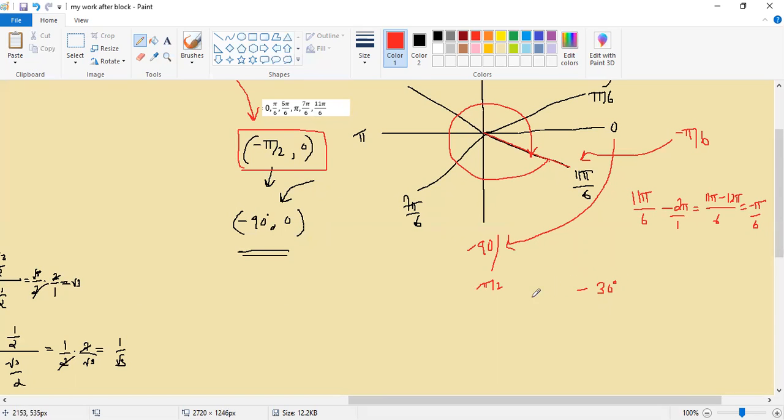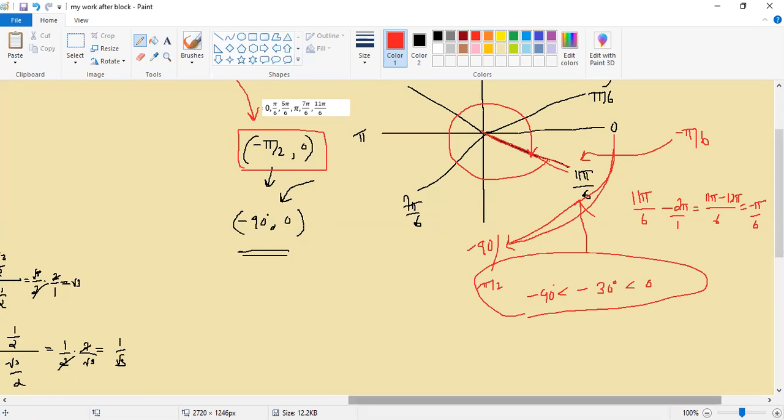And negative 30 degrees is, in fact, on this particular interval. So we're not so much concerned about the location of the angle as we are concerned about the coterminal angles, which could fall on this particular interval. So this is our only solution because that is the only angle that we find on this particular quadrant, which correlates with this interval.